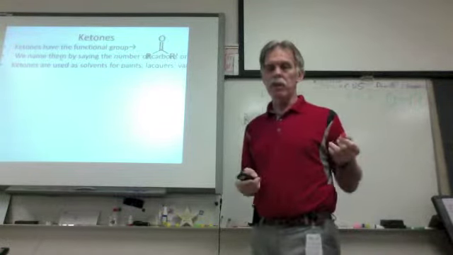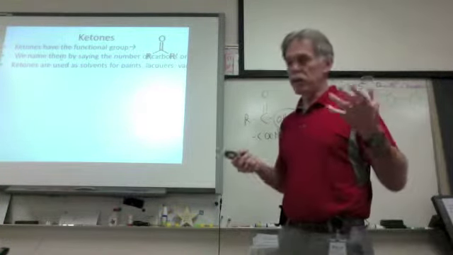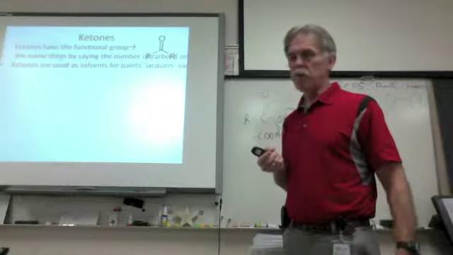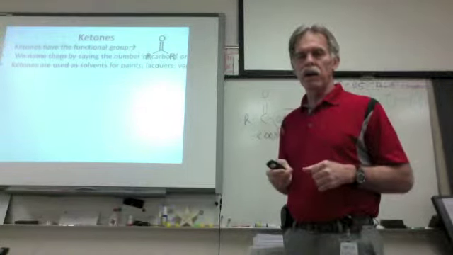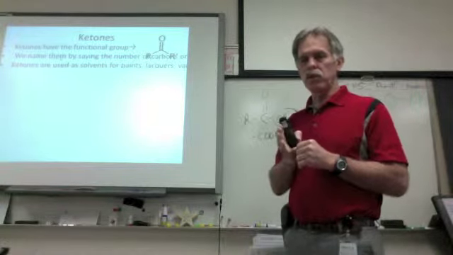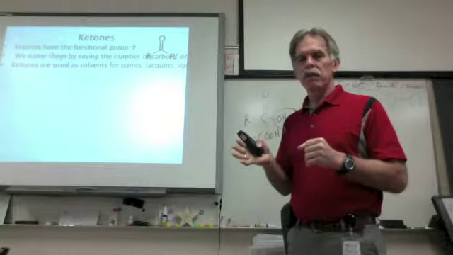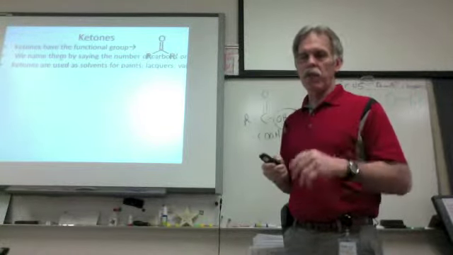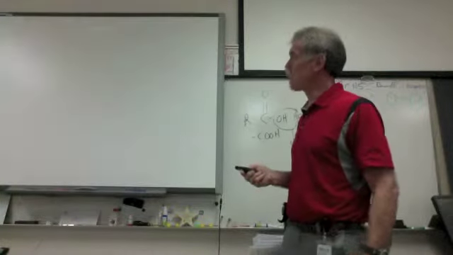So the number tells you where the carbonyl is. And again, we could have 2-methyl-3-hexanone, and that tells you that one carbon over from the carbonyl, you have a methyl group. So the groups are numbered and named just the same way.